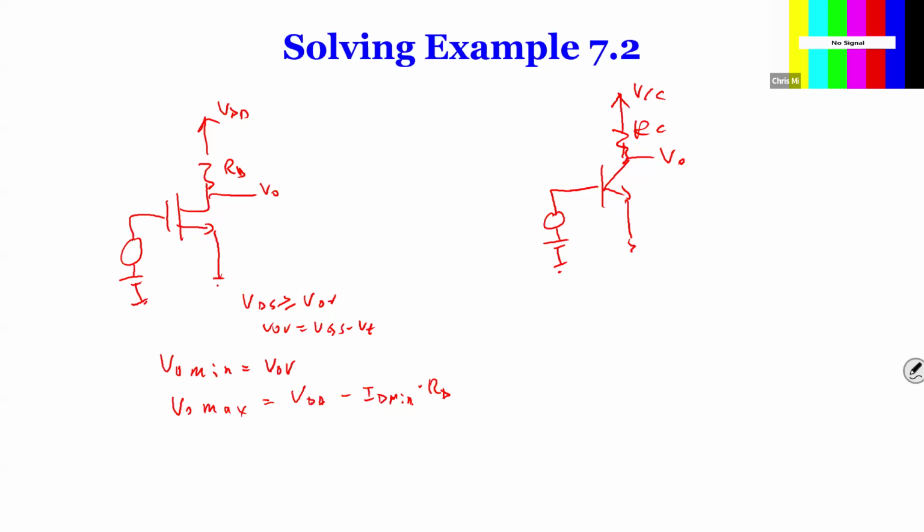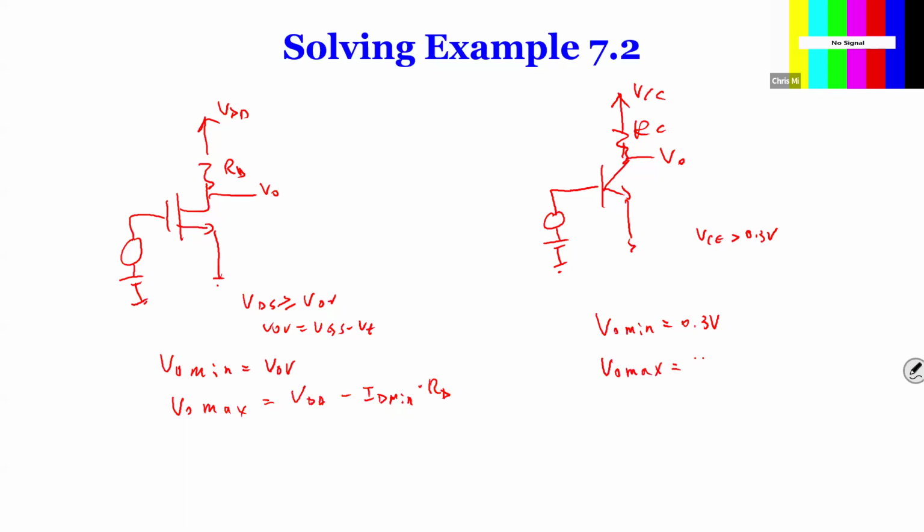And then for BJT, the VO min is going to be, and you guys know this has to be in linear range, which means your VCE has to be larger than 0.3 volts in order to be in the linear range. So that's your minimum. And then your VO max.